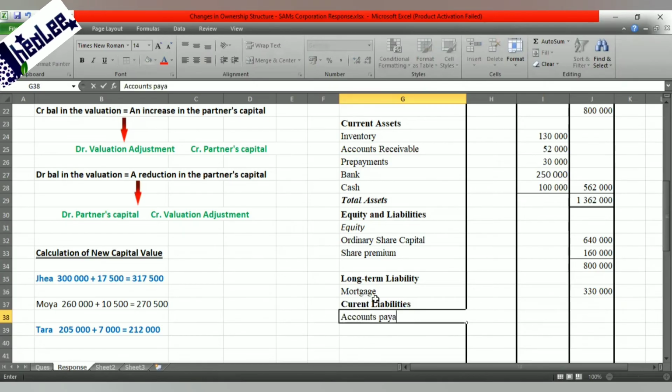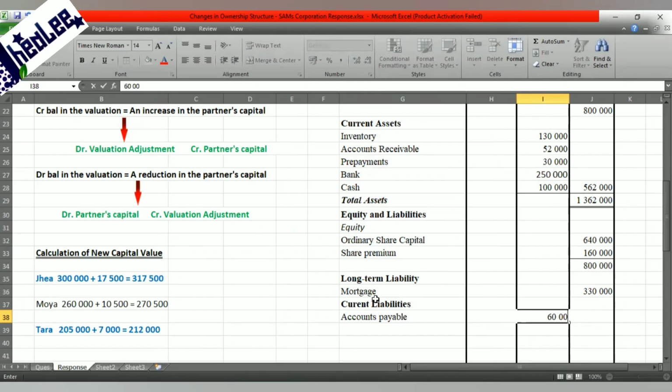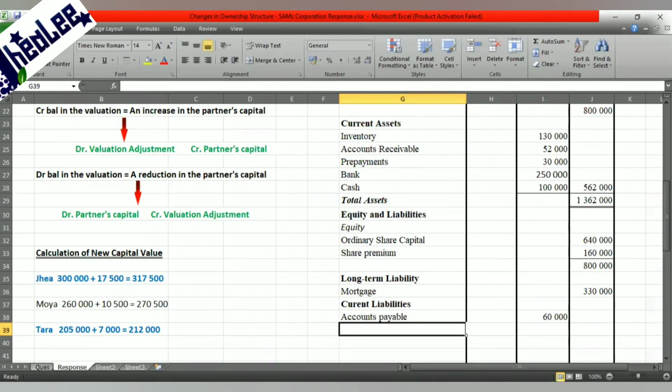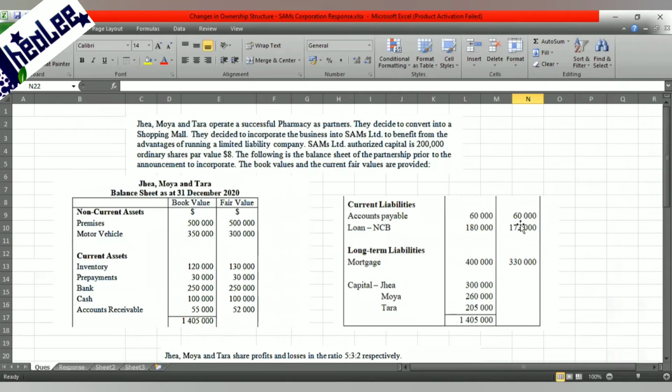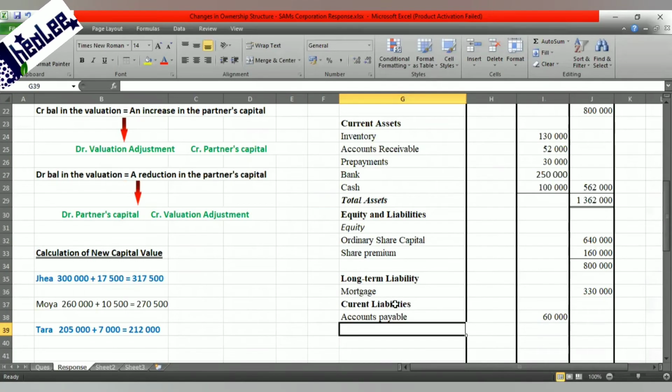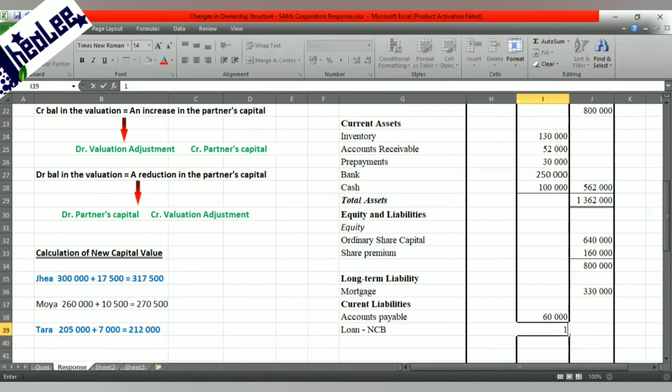Accounts payable, 60,000. And there is one more, which is the loan from NCB of 172,000.